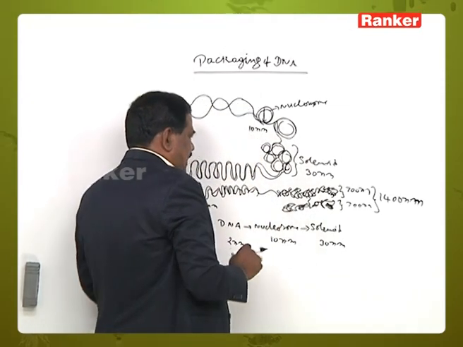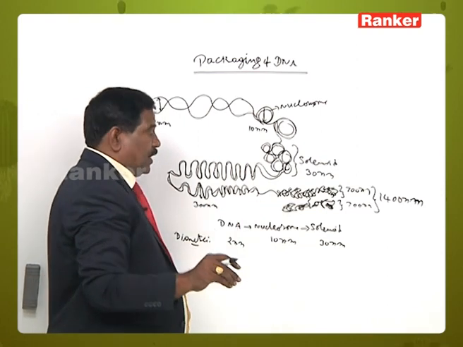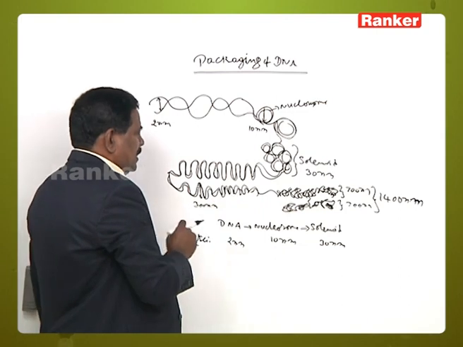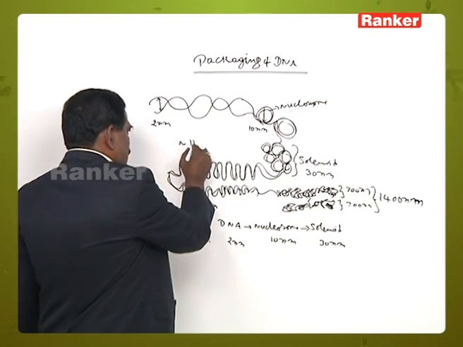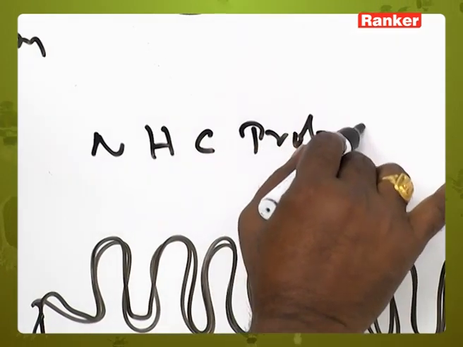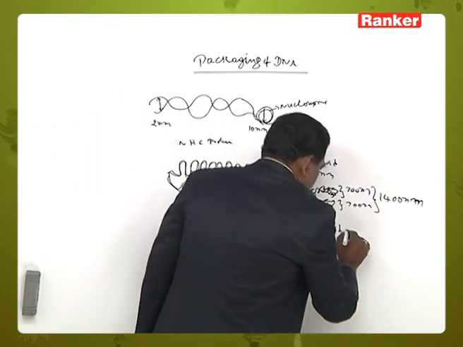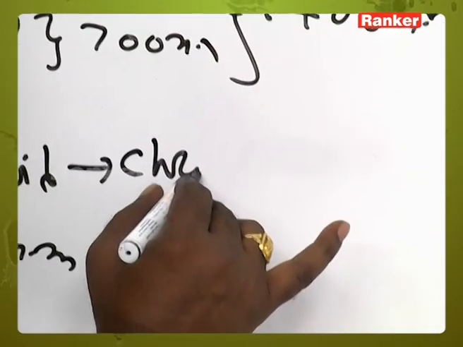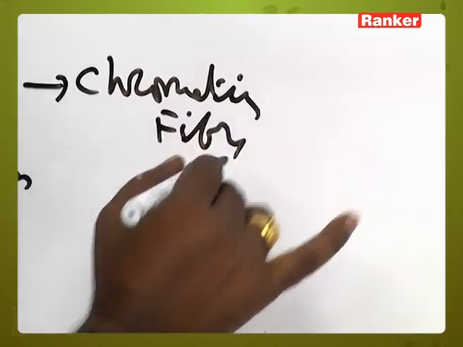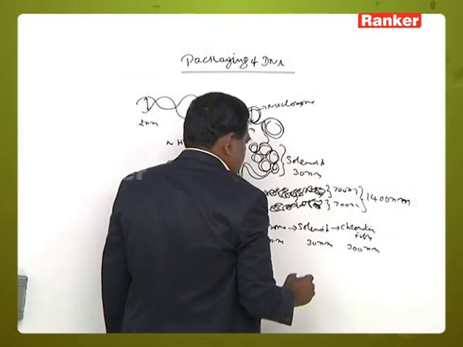Solenoids are arranged compactly along with other proteins, non-histone chromosomal proteins, to produce chromatin fiber (300 nanometers).